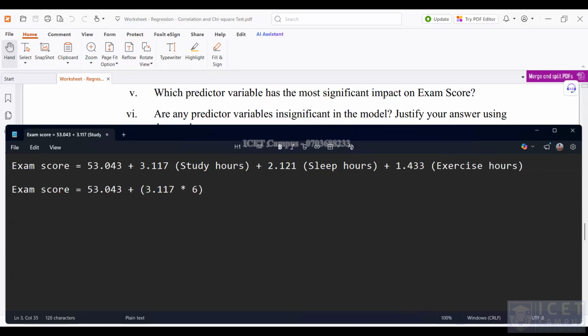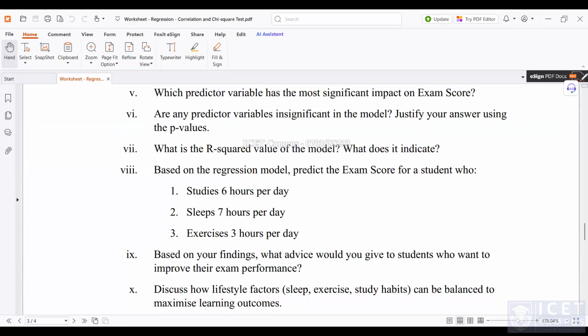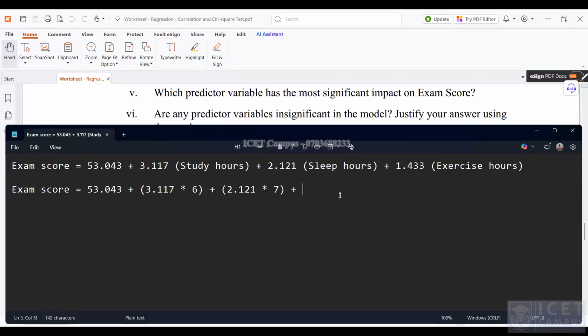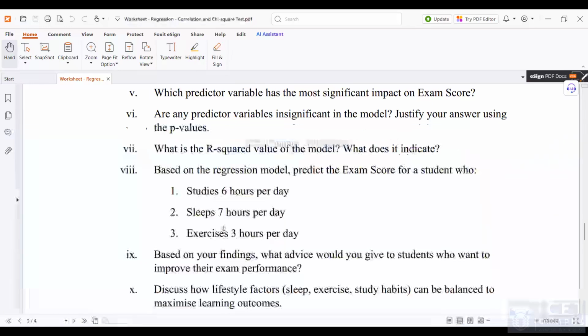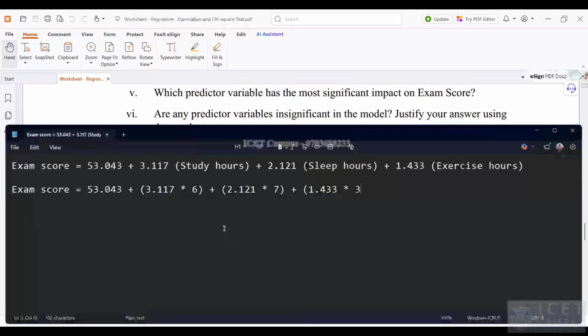The next one is 2.1121 multiplied by 7, because sleep is 7 hours per day, plus 1.433 multiplied by exercise of 3 hours per day. Then we know everything, so we can predict the exam score.